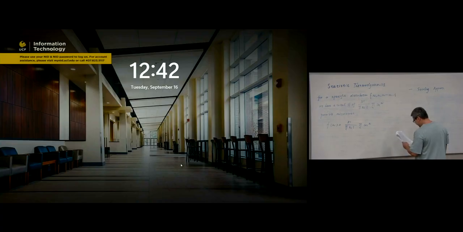What that tells us is that ln n factorial is approximately equal to n times (ln n minus 1) plus half ln(2 pi n), if n is much larger than 1.